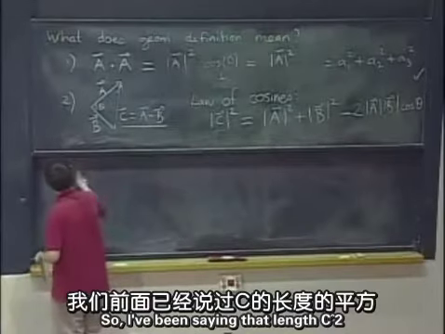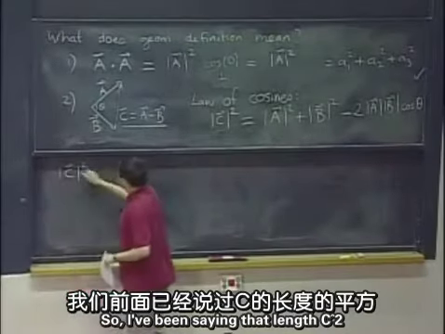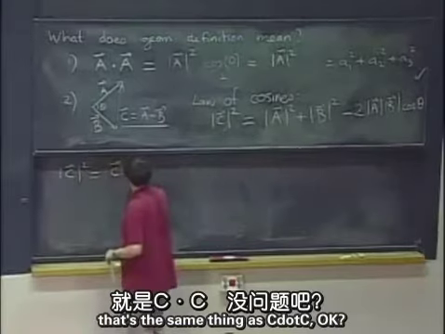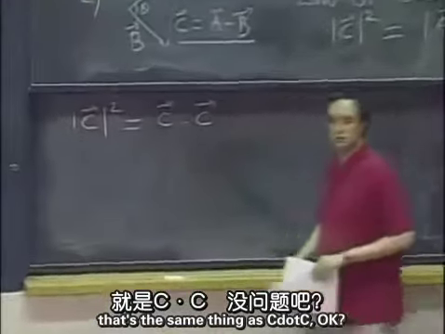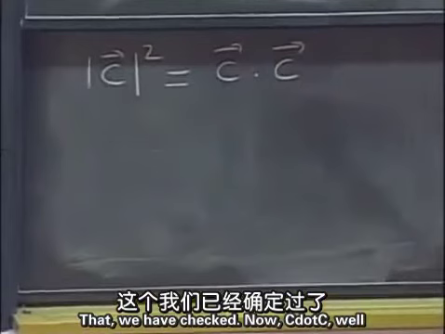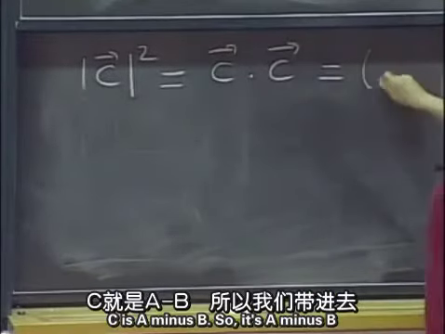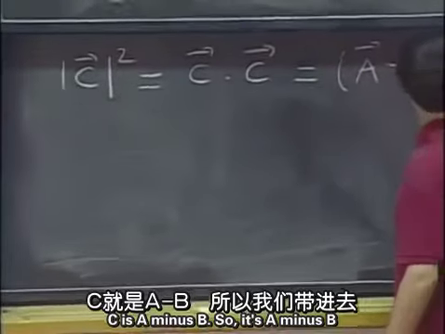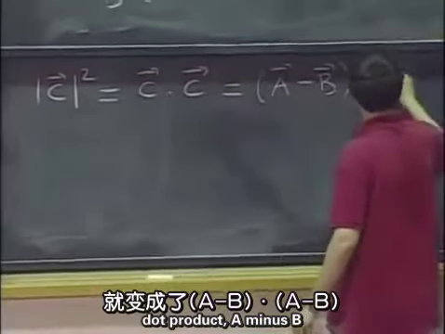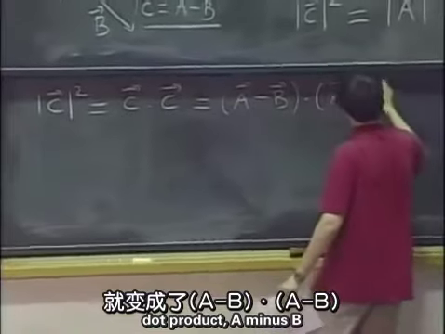I've been saying that length C squared is the same thing as C dot C. That we have checked. Now, C is A minus B, so it's A minus B dot A minus B.